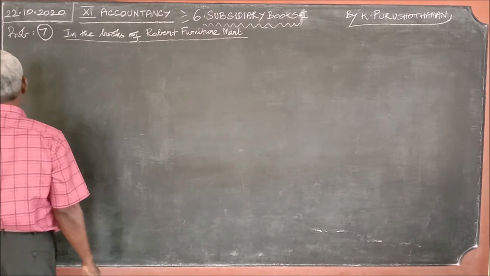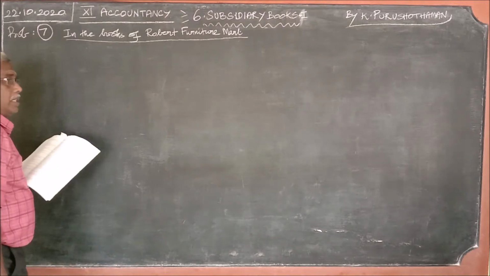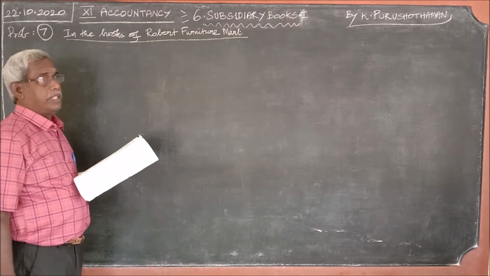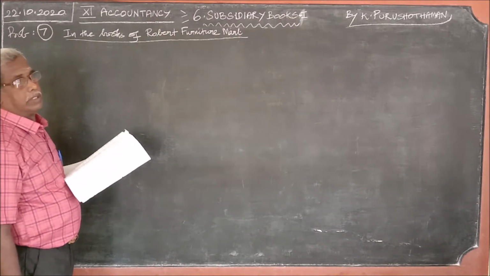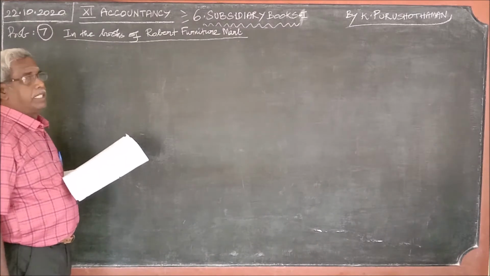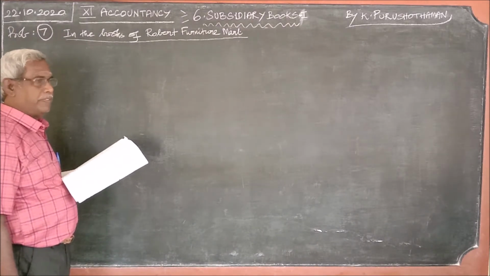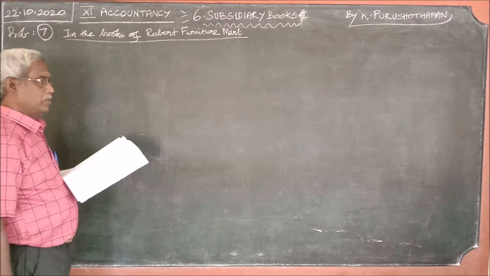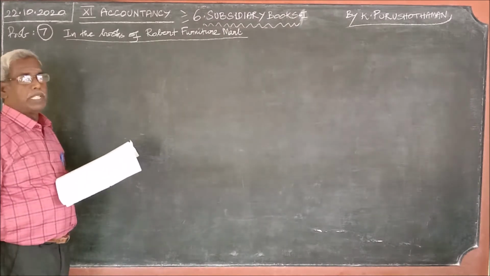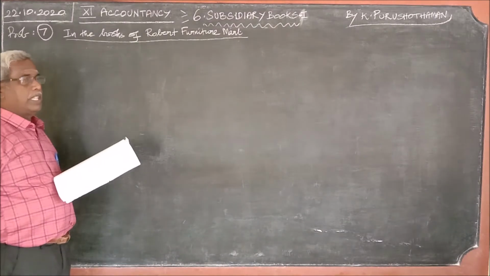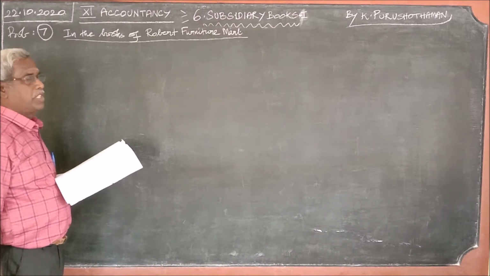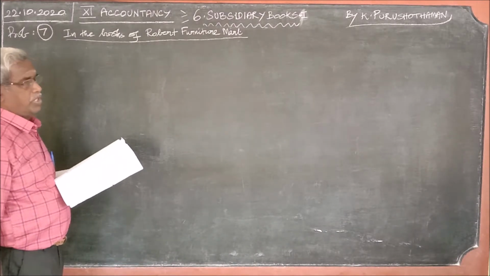I told you very many times after starting this chapter, sometimes the question may be very specific. Prepare purchase book, prepare purchase return book, prepare sales book, prepare sales return book, or prepare purchase book and sales book. The question may be like this.